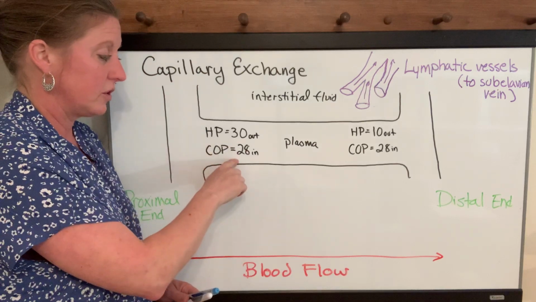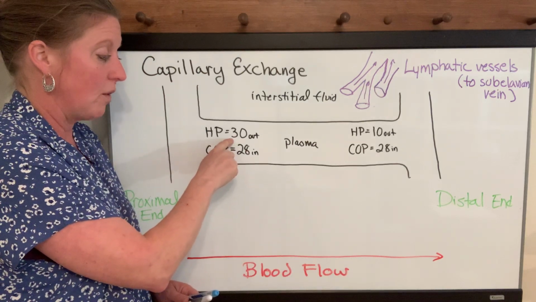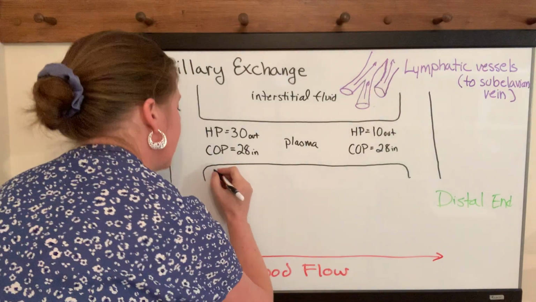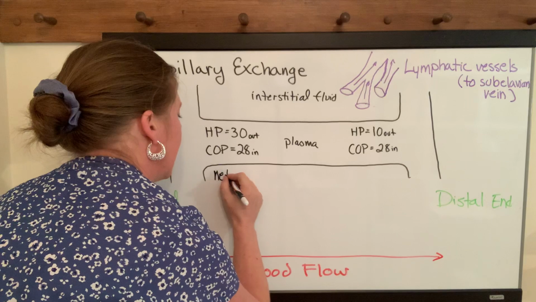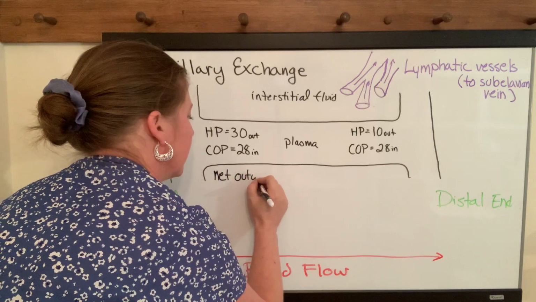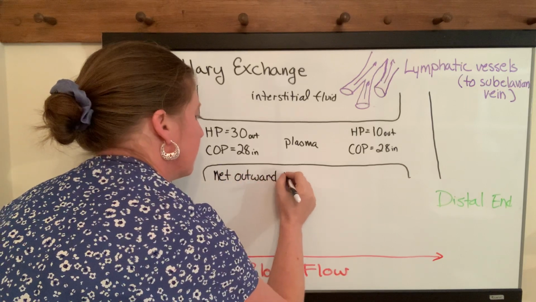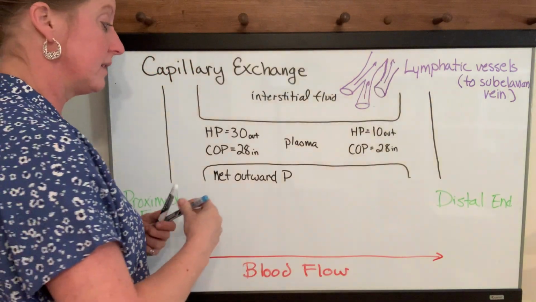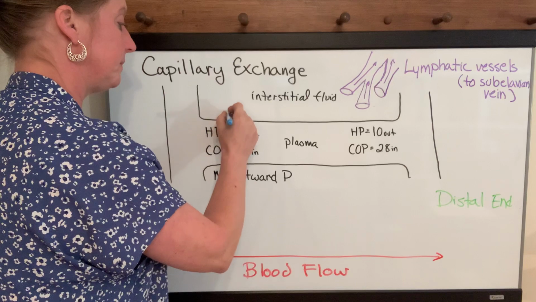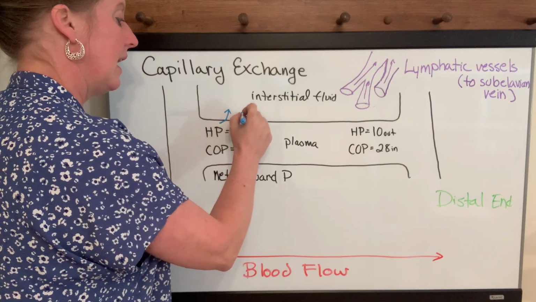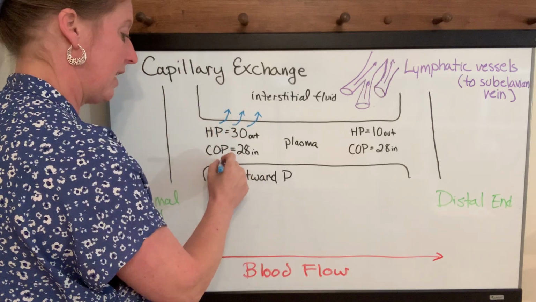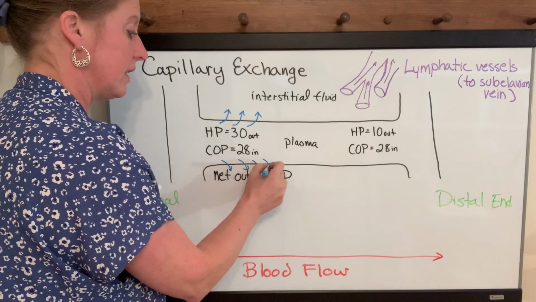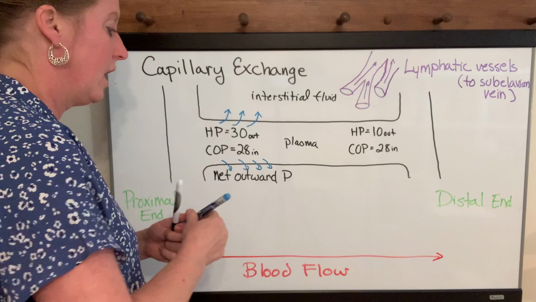So if we look at these two, the outward pressure is greater than the inward pressure. So we say that we have a net outward pressure. And net outward pressure means that there is going to be movement of fluid out of the vessel, out of the plasma, into the interstitial space.